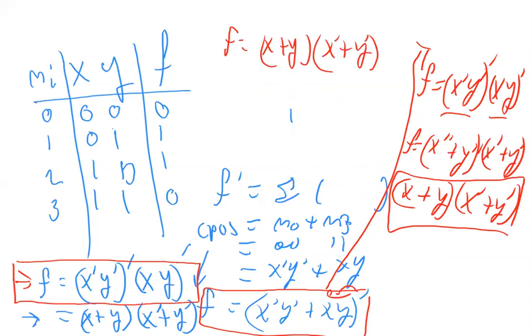And then I'm going to cross multiply. So x times x prime is 0. X times y prime is xy prime. X prime times y is equal to x prime y. Y times y prime is 0.